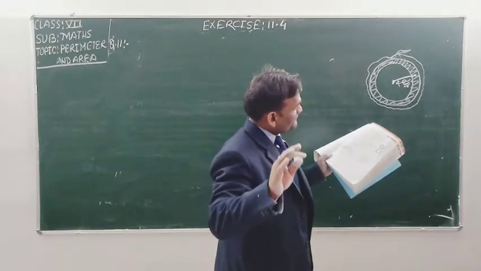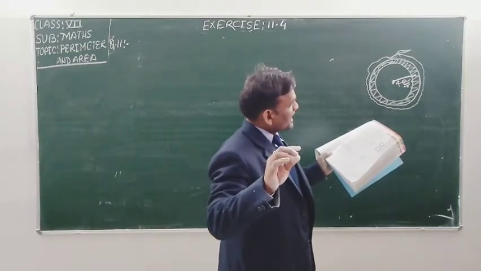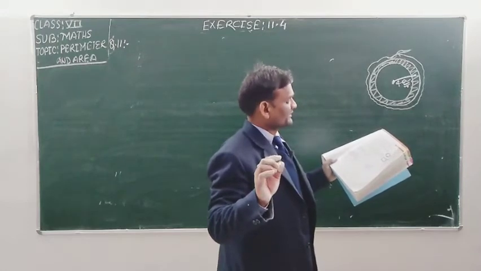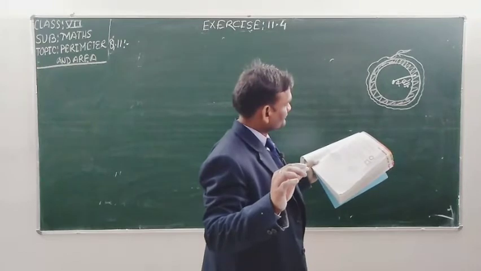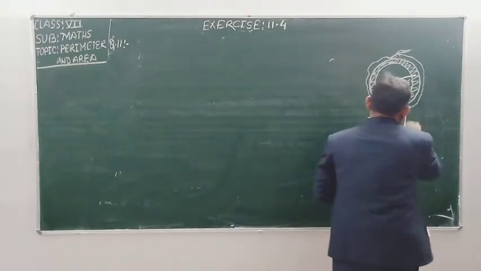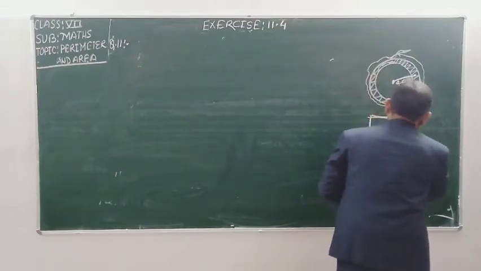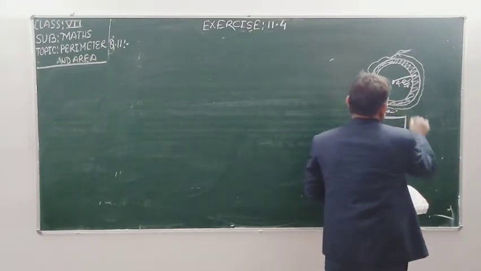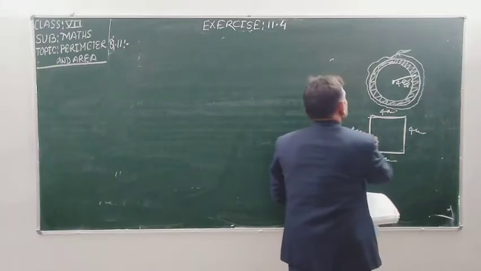Then she wrapped it around a square box of side 4 centimeter. There is a square box, student. One side is 4 centimeter, so this side will be 4 centimeter and this side also will be 4 centimeter.